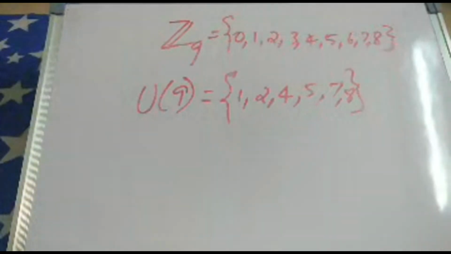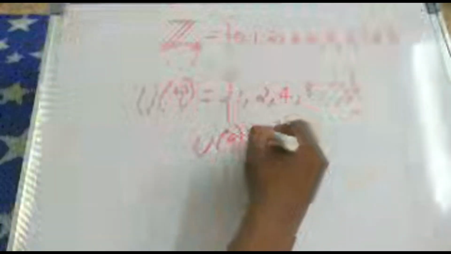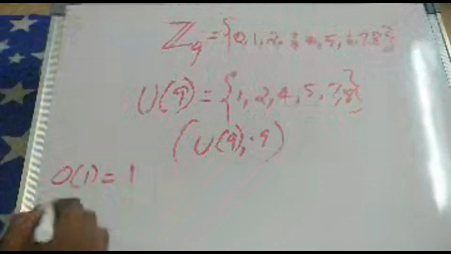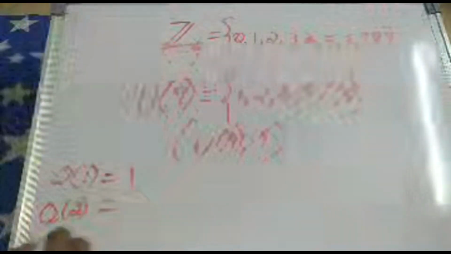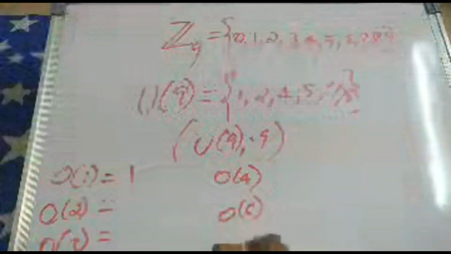So now try to find order of every element with respect to multiplication modulo 9. Order of 1 is 1. So try to find order of 2, 4, 5, 7, 8.